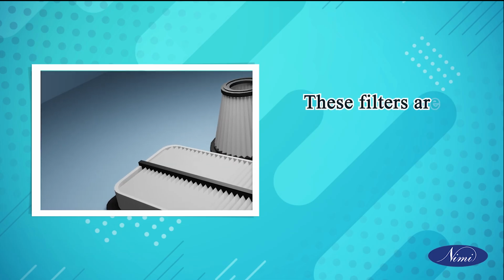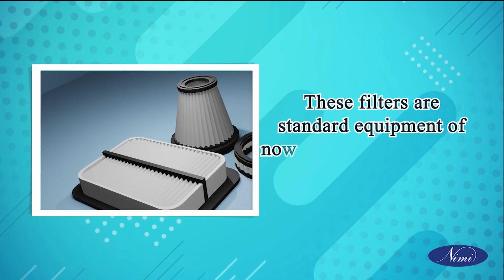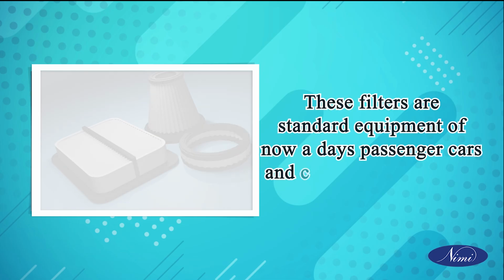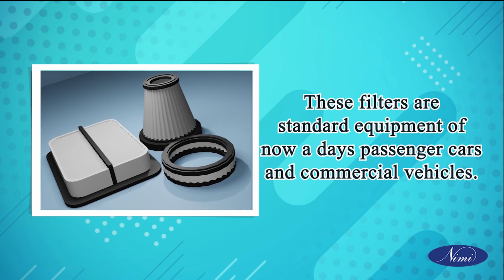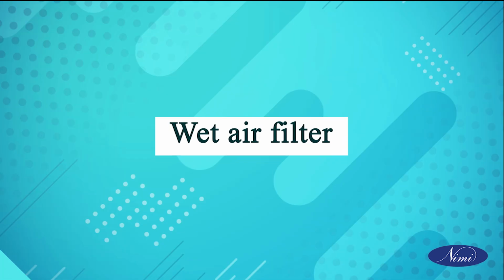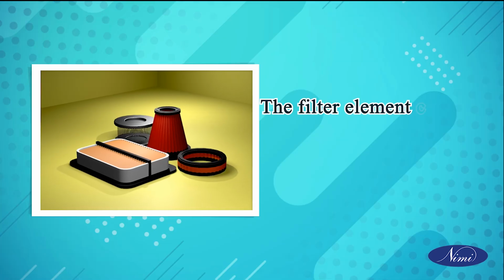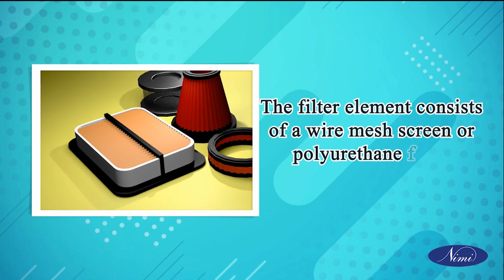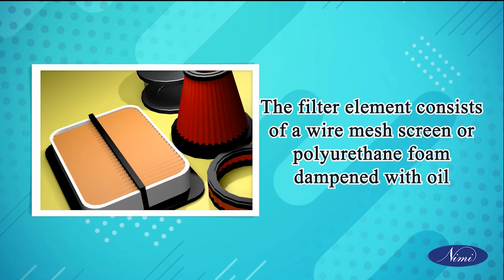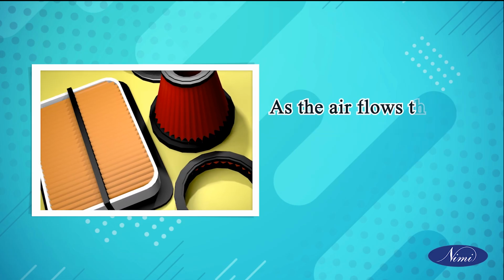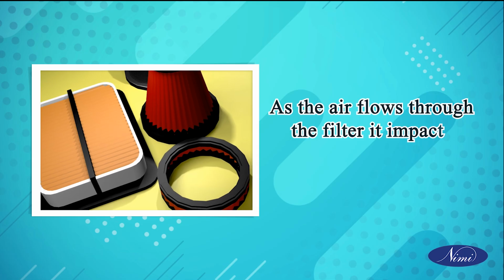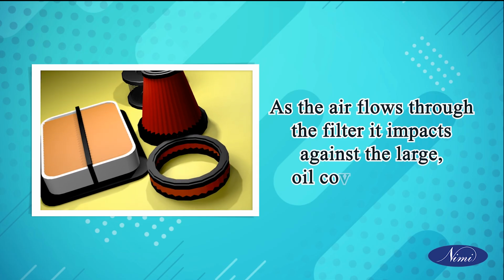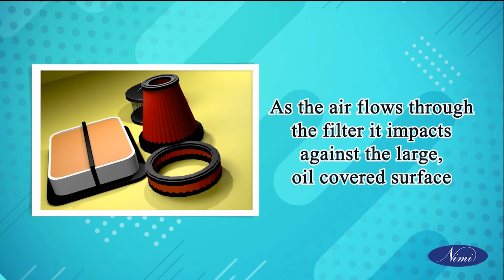These filters are standard equipment on today's passenger cars and commercial vehicles. Wet air filter: the filter element consists of a wire mesh screen or polyurethane foam dampened with oil. As the air flows through the filter, it impacts against the large oil-covered surface.